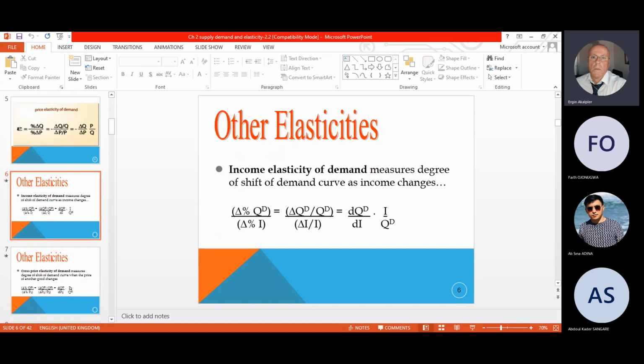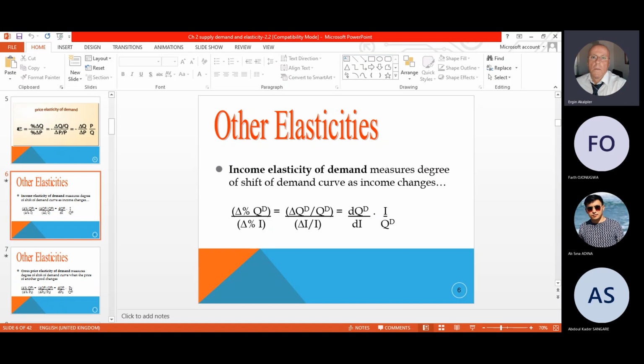Then is given the income elasticity of demand, which measures the degree of shift of the demand curve as income changes. This is delta QD divided by the change in income. In a more comprehensive form, it is delta QD over QD, divided by delta I over I, where I is the disposable income in the former period.